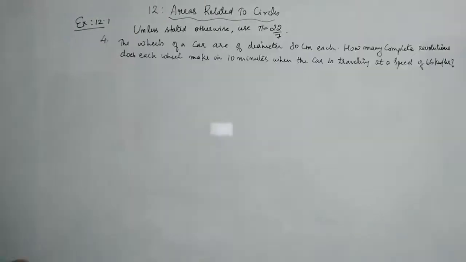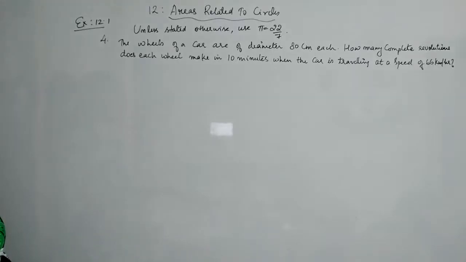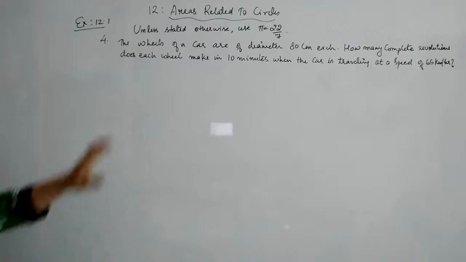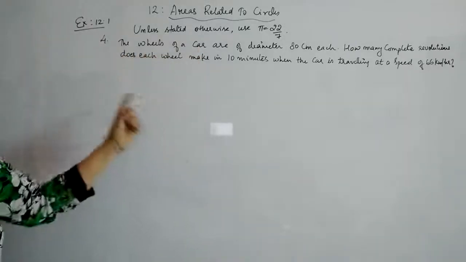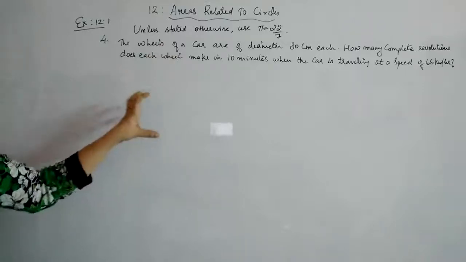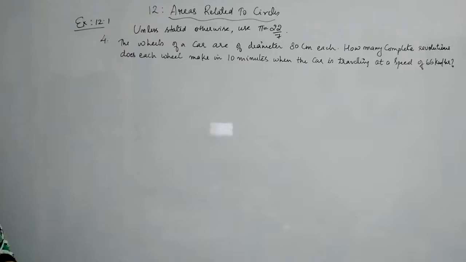Question number 4 is: the wheels of a car are of diameter 80 centimeter each. How many complete revolutions does each wheel make in 10 minutes when the car is traveling at a speed of 66 km per hour? The diameter of the wheel is given and you have to find how many complete revolutions the wheel makes in 10 minutes if the speed is 66 km per hour.